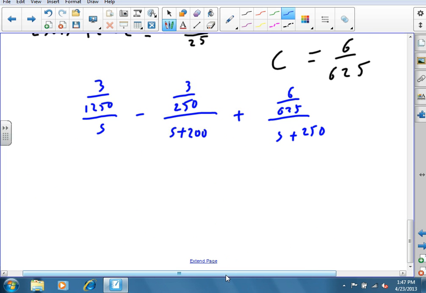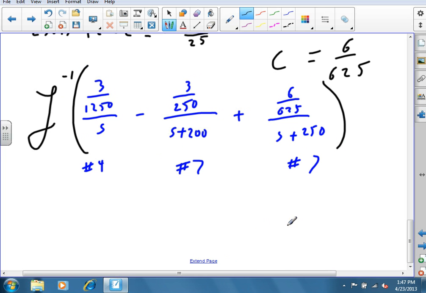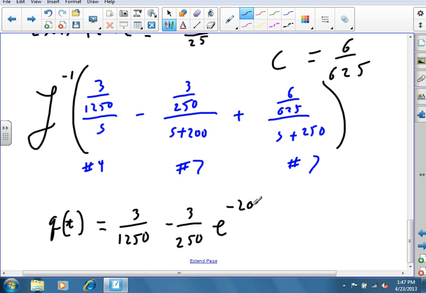Okay. And then this is number 7, this is number 7, and this guy's number 4. And we're going to do an inverse Laplace transform of the whole thing. And we're going to get Q of t is equal to 3 over 1250 minus 3 over 250 e to the minus 200t plus 6 over 625 e to the minus 250t.